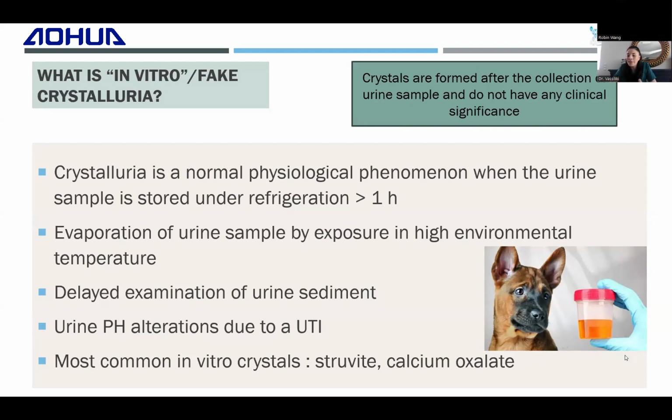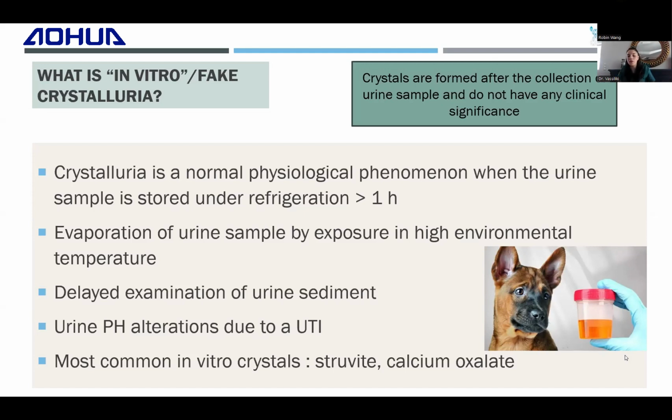Another thing that might predispose to in vitro fake crystalluria could be the evaporation of the urine sample by exposure to high environmental temperatures, especially for us living in the Middle East, in Greece, in the Mediterranean countries, and especially during summertime. This is a huge component. Okay, also the delayed examination of the urine sediment and urine pH alterations due to an underlying urinary tract infection.